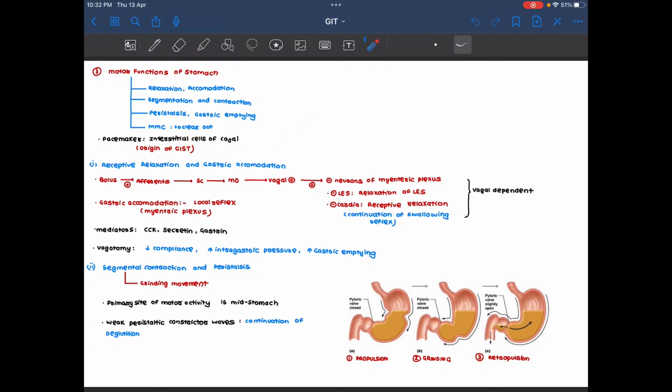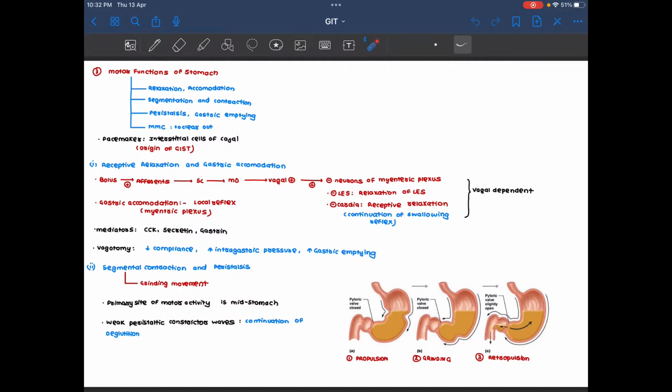Okay, and what was it mediated by? It was obviously mediated by the 10th. So whenever you have vagotomy, what's going to happen is your stomach is not going to be able to accept that amount of bolus. Okay, so what we call it is compliance. Compliance is how easily, for every unit pressure, how much you can increase the volume. So obviously whenever you have vagotomy, you're not going to be able to undergo this receptive relaxation and accommodation, especially receptive relaxation, that is the predominant part.